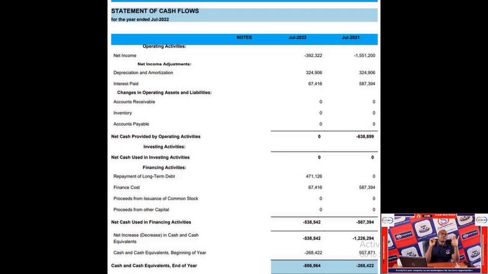Meaning, if your balance from the previous year on your assets is more than the balance in the current year, then you must know that there was cash that came into the business.